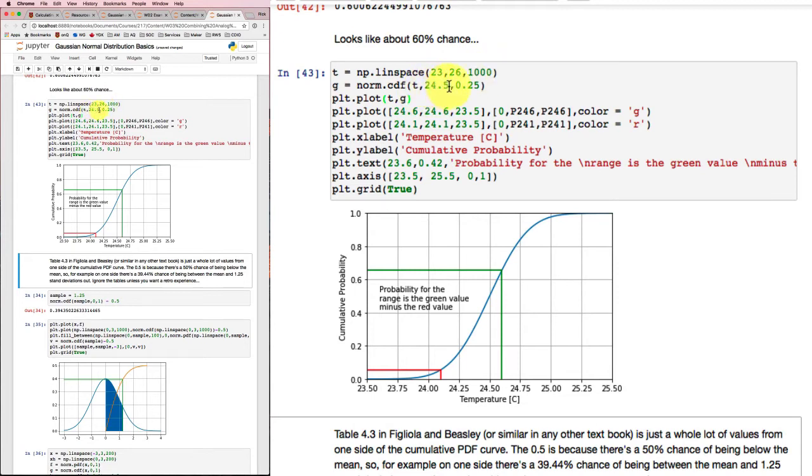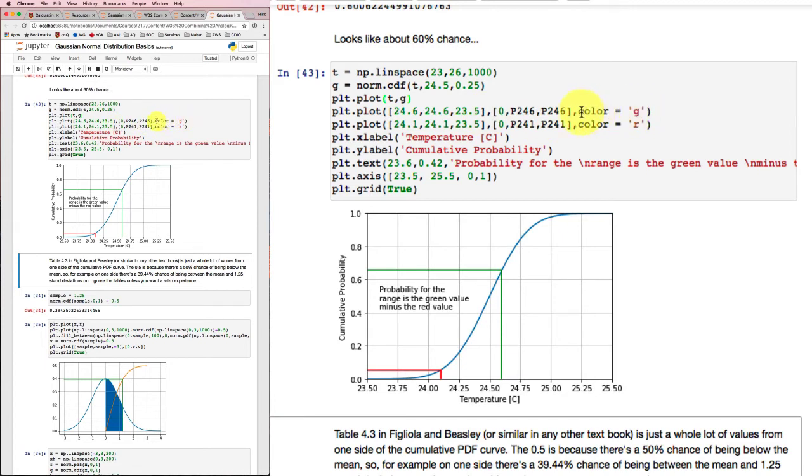I've got a mean of 24.5 and a standard deviation of 0.25, and I plot that out. There's that cumulative density function. And the mean is in here at 24.5. There's 50% of the probability below the mean, 50% above the mean. So that makes sense. And I can plot some lines on here the same way I did before.